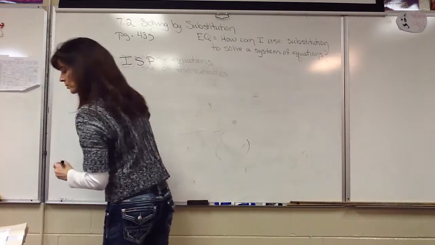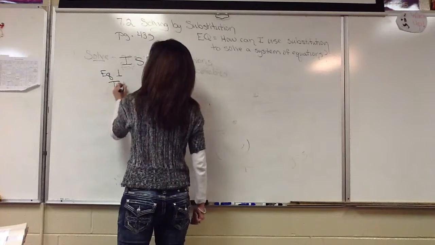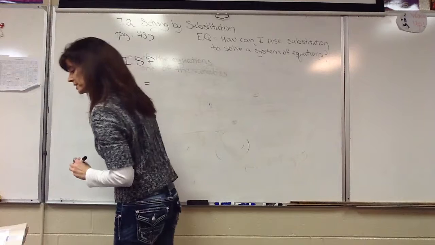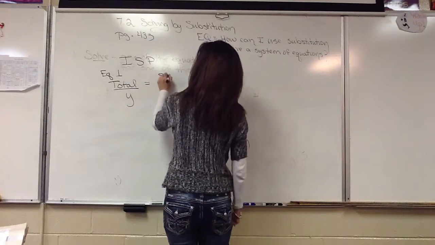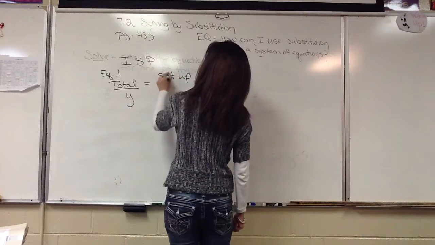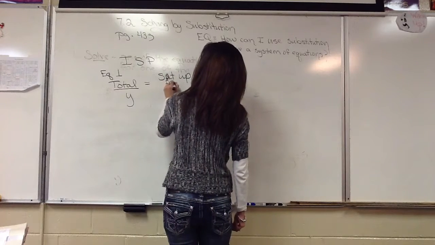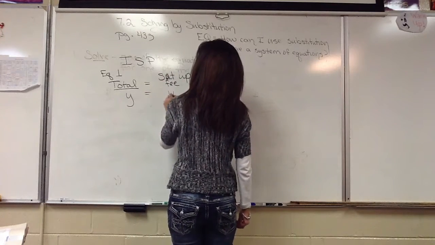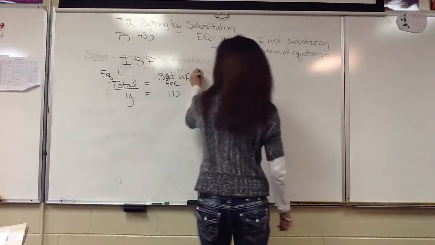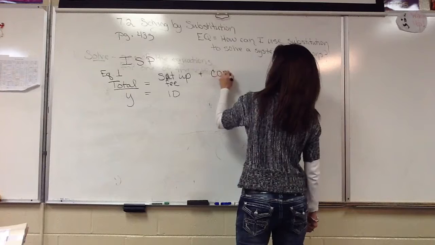Okay, so we have our total cost is y, and that is going to be equal to the setup fee. Now we know that we have a setup fee of $10 for this one. Plus the cost per month.